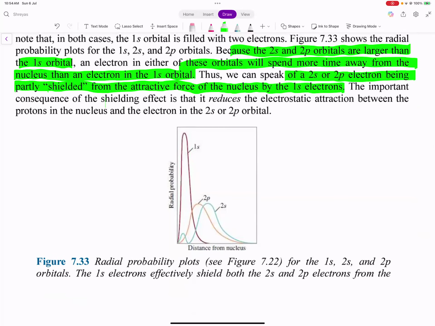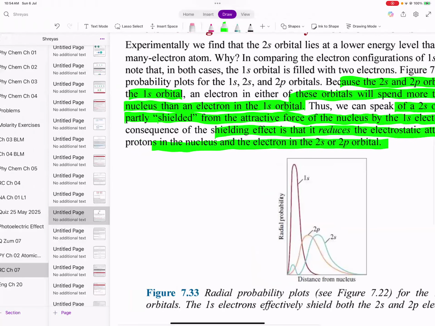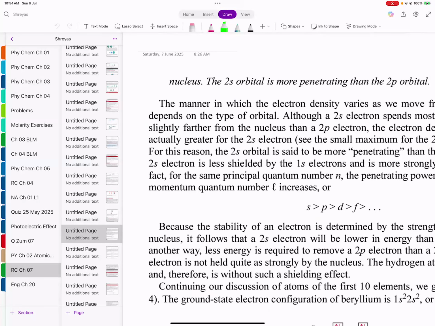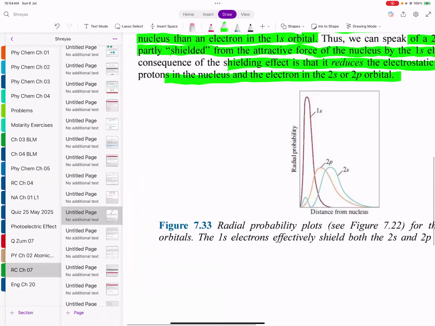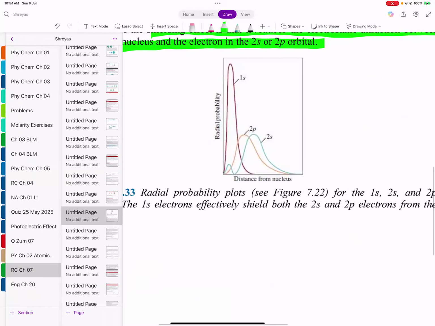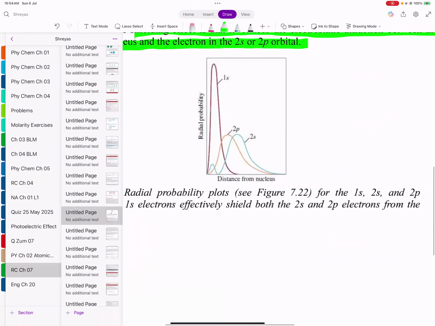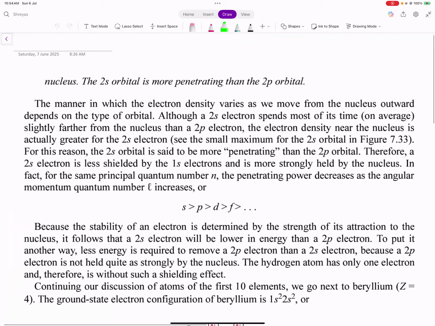It reduces the electrostatic attraction between the protons in the nucleus and the electron in the 2s or 2p orbital, so it reduces the force. Here the 1s electrons effectively shield both the 2s and 2p electrons from the nucleus, and the 2s orbital is more penetrating than the 2p orbital. We'll come to this again later.